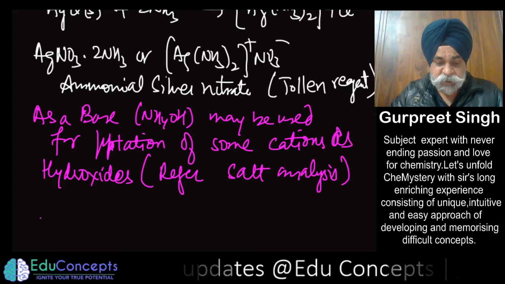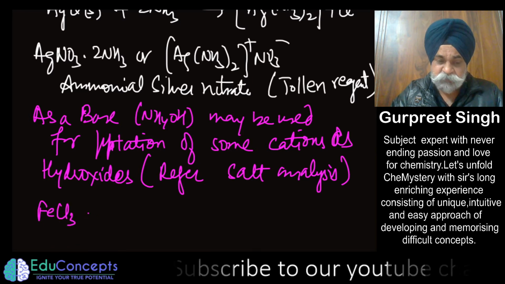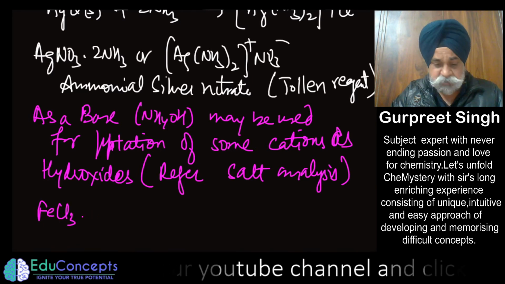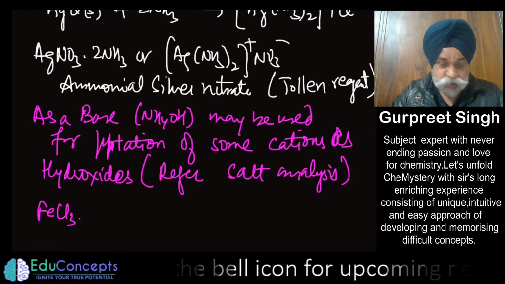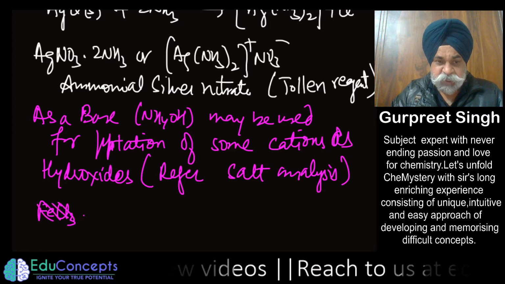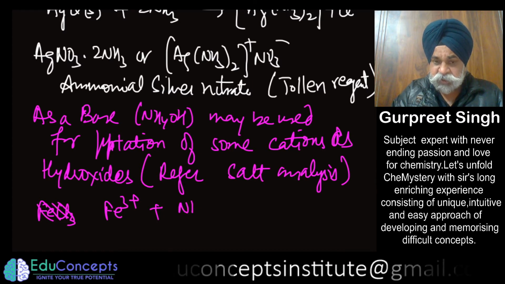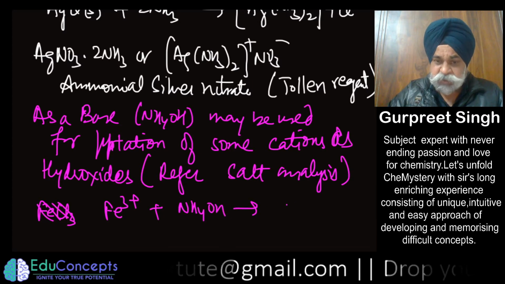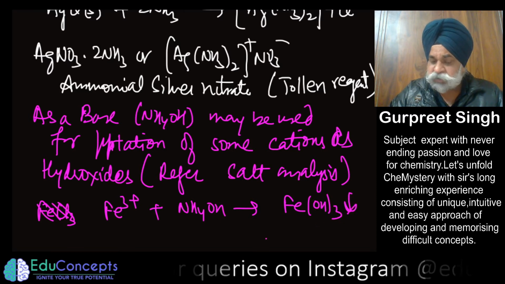So the point is that, say for example, you have ferric chloride, or for that matter zinc sulfate, or you have some salts of aluminium or chromium. If I simply write that if you have an Fe3+ salt and you treat it with ammonium hydroxide, basically this gets precipitated.